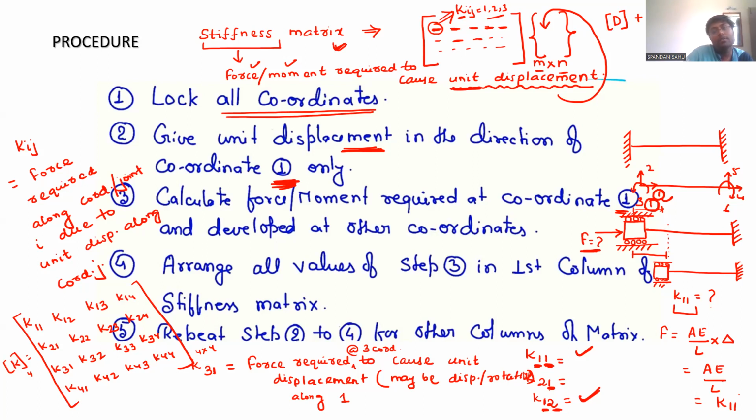The right-hand side will be some 0, and this part will come from compatibility. If there is some support settlement, there might be some value; otherwise, it is 0. These are applied at given nodes, at certain nodes only, and X is the unknown. What are the unknowns? Forces, sir, in the force method.